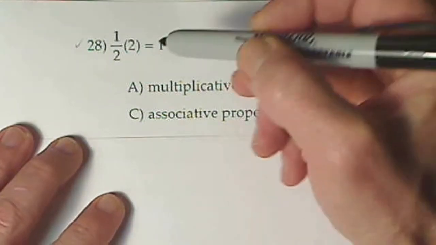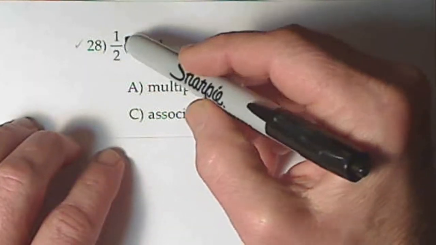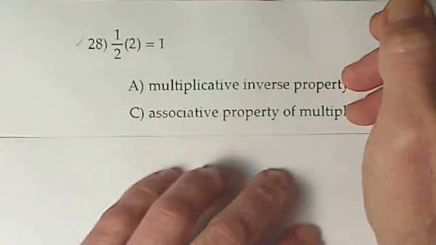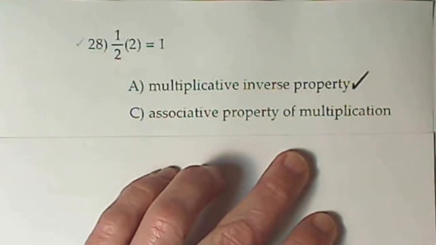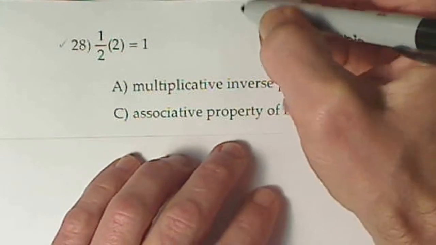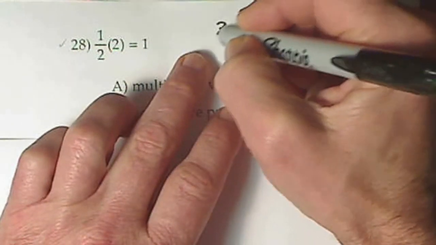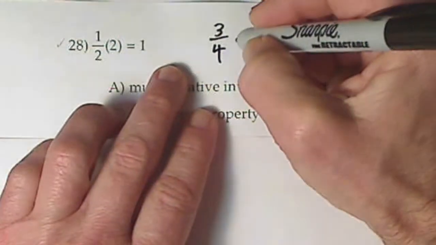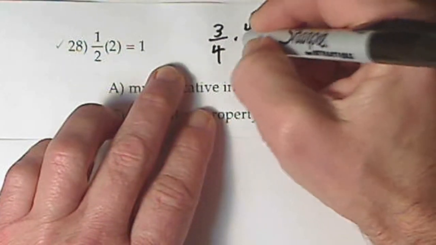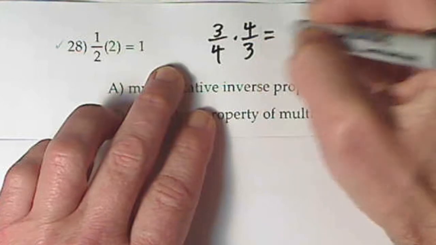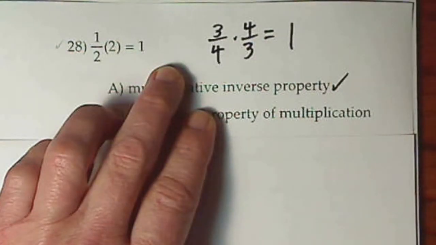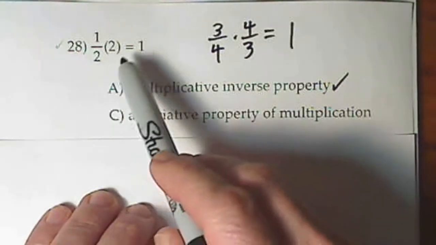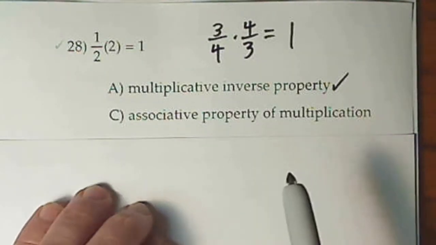It's a little bit hard to see here, but 1/2 times 2 is a 1. So let's do another example. If I had 3/4, the multiplicative inverse of 3/4 would be 4/3, because when I multiply them, I get a 1. So this illustrates the multiplicative inverse property.